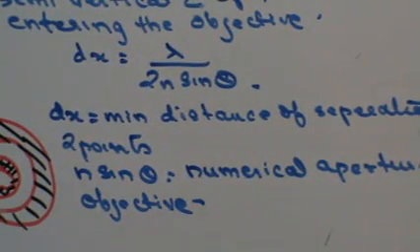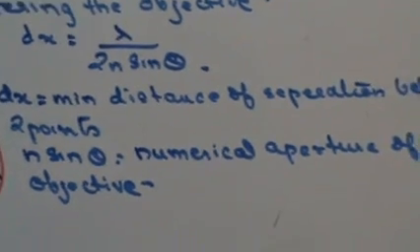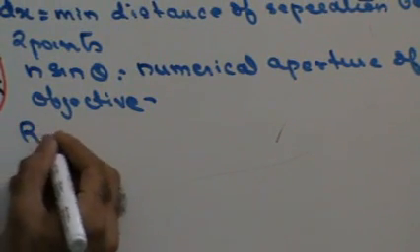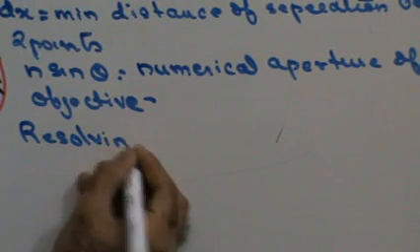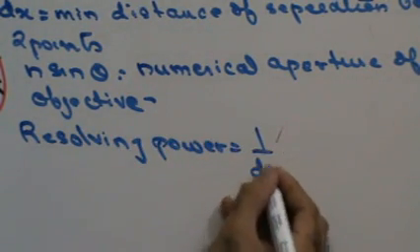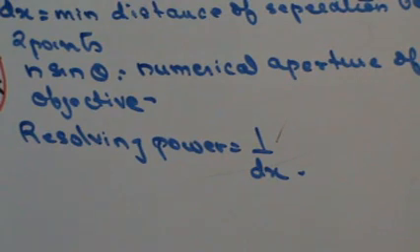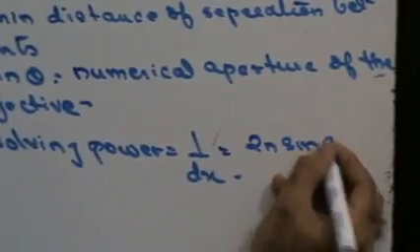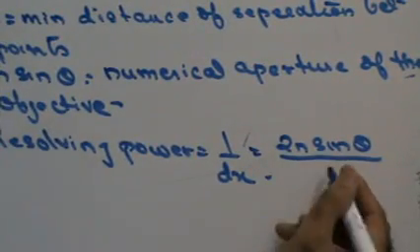Right? We had said that resolving power is the reciprocal of the limit of resolution. Therefore, resolving power will be 2n sine theta upon lambda.